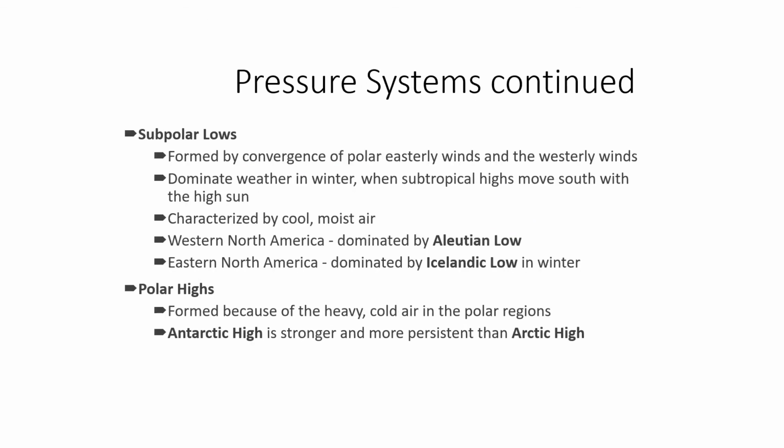Then the subpolar lows are formed by the convergence of polar easterly winds and the westerly winds. They dominate weather in the winter when the subtropical high goes south with the high sun. Cool, moist air. Western North America, Aleutian low.